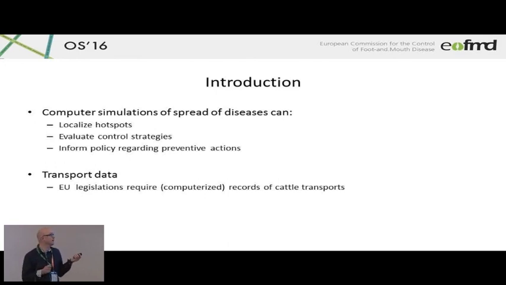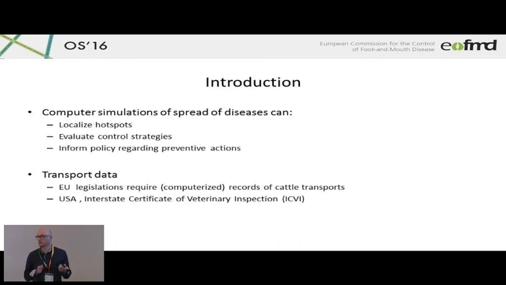In the USA, that's not the case, but they do however have this Interstate Certificate of Veterinary Inspection, which is like a certificate issued whenever a transport is leaving a state. So the key word here is interstate.